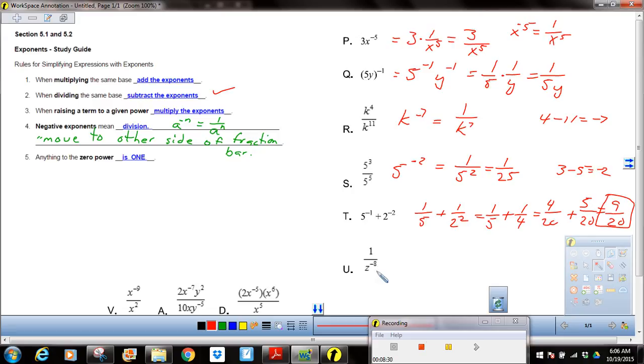Right here we have a negative exponent again. Looks like a z to the negative 8 on bottom. Let's just move that to the other side of the fraction bar. We end up with z to the positive 8. Another way you can demonstrate that is 1 divided by 1 over z to the 8th.